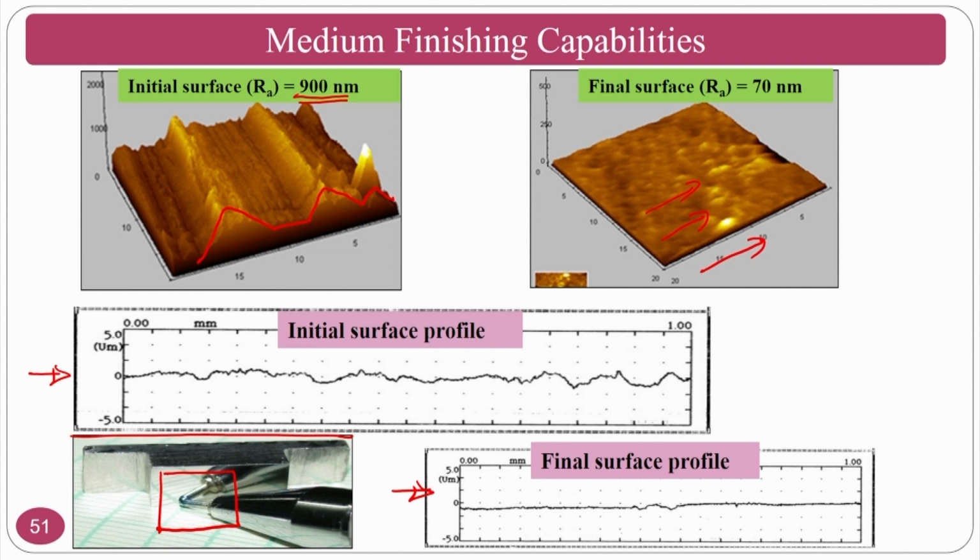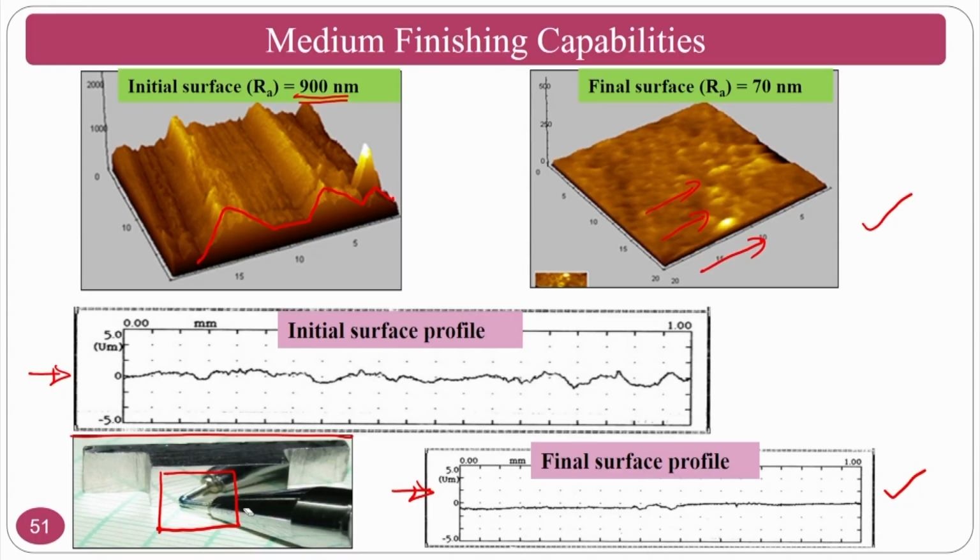For the same surface, we have measured using the contact method, and we have measured using atomic force microscopy to understand two-dimensional surface profile and three-dimensional surface morphology. Okay. So, these surfaces are mostly required for the die industry.